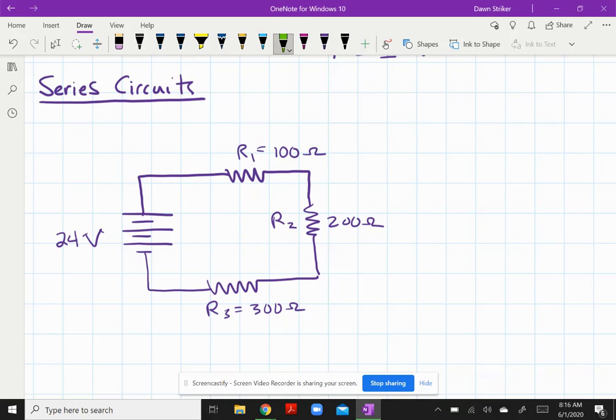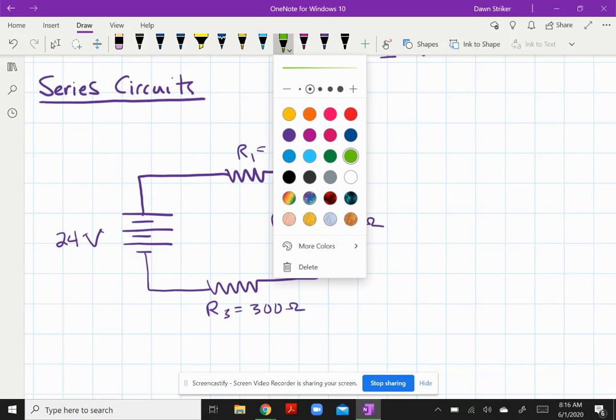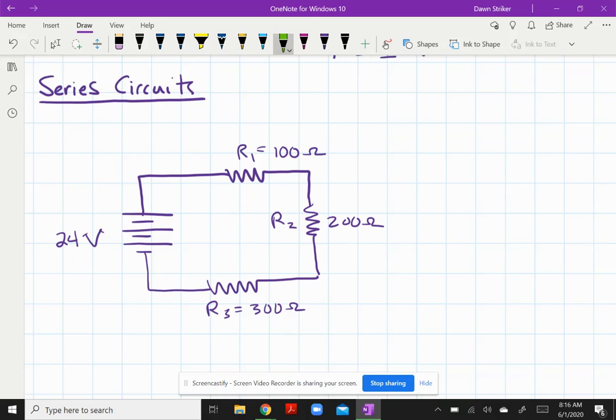They don't necessarily come out of the battery and flow around like you might think. They actually start moving everywhere at once. But it's okay to imagine the current coming from the positive side of the battery, going through the first resistor, through the second resistor, and through the third resistor, and then back to the battery where it gets its energy. All right, so current is flowing in that direction.